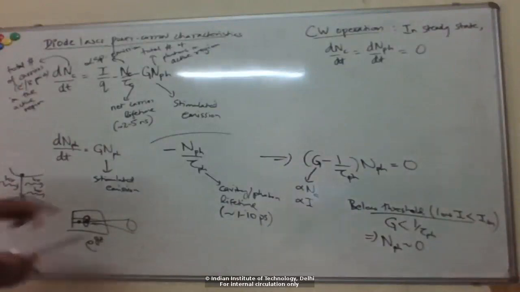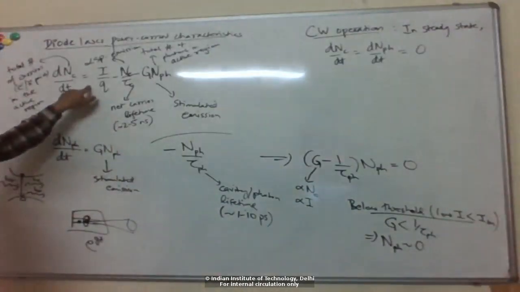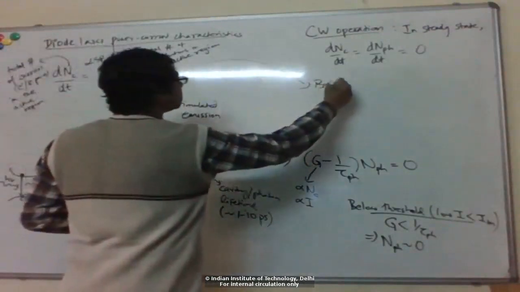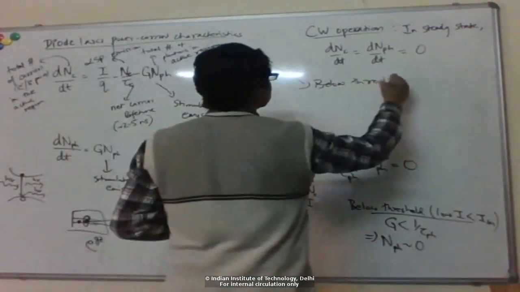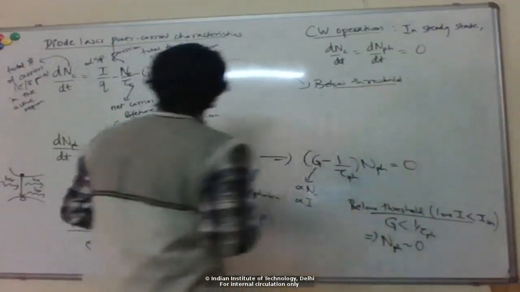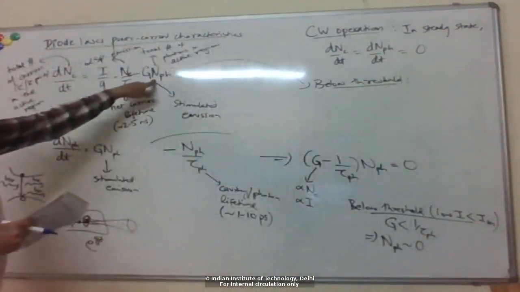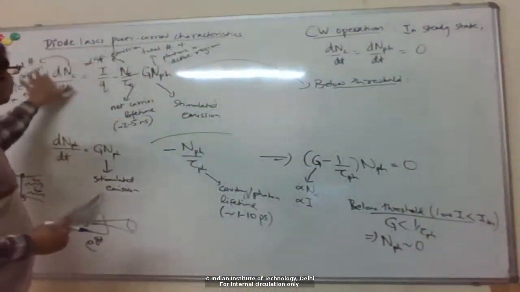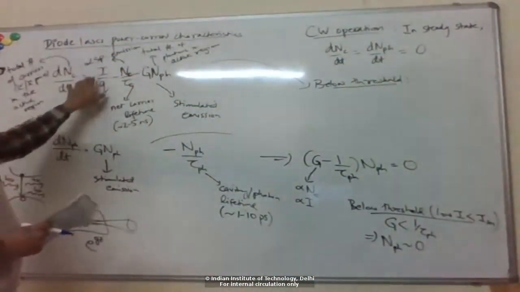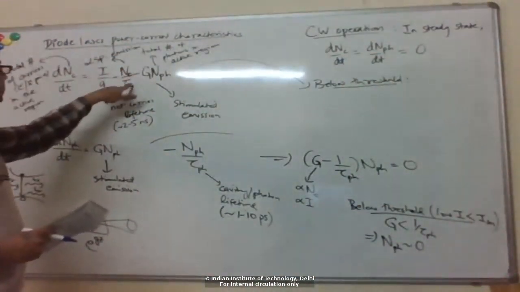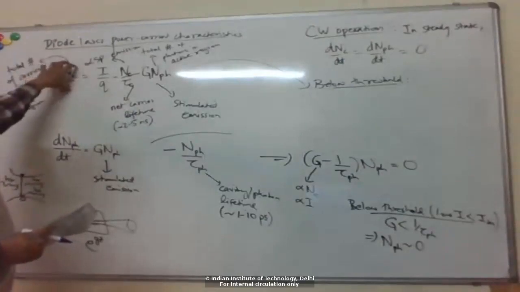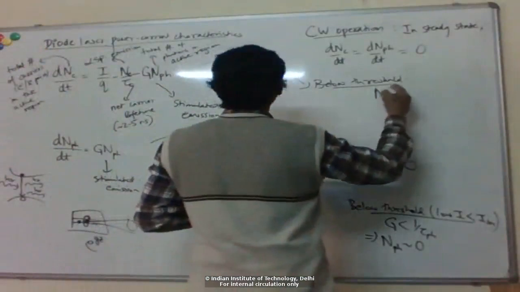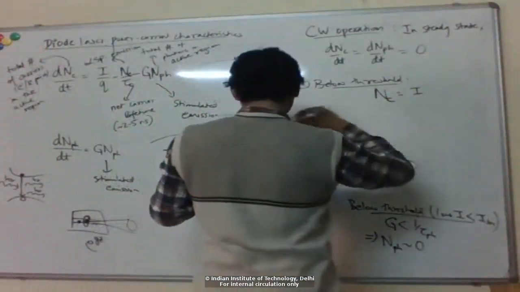Now if you look at this equation here, below threshold, if you put n photon equal to 0, then this term goes away and we basically get the equation we had for the LED, just the current injection and the carrier lifetime. If the carriers have also reached steady state, then the number of carriers is just given by the current.